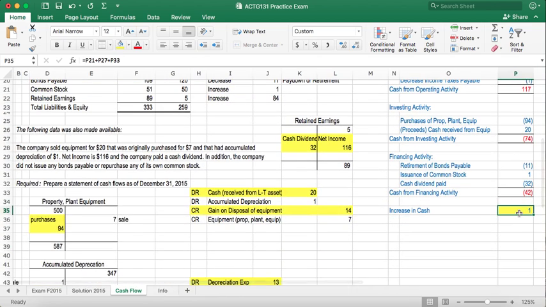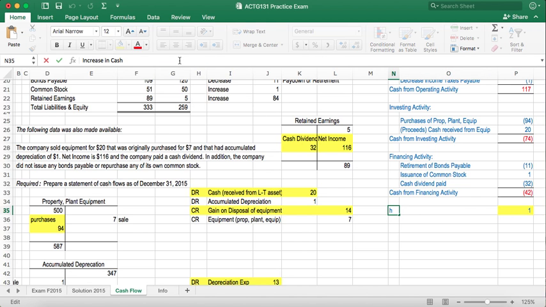So this right here is the gateway. If this doesn't equal the change in cash on your balance sheet, you've done something wrong.